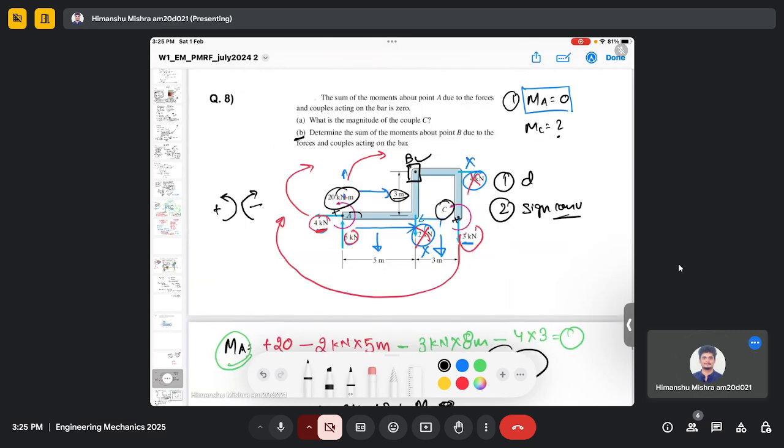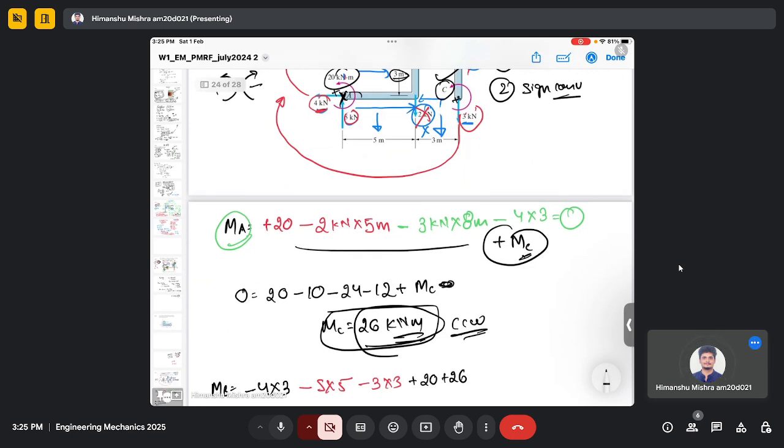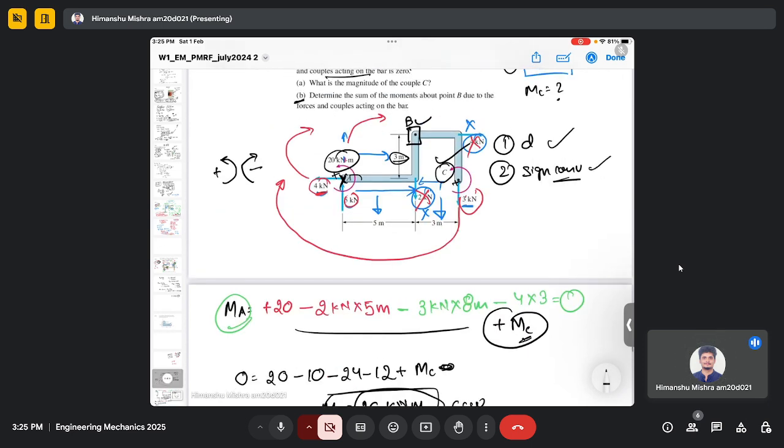So just to recap, we have been solving a question in which, in the first part, we needed to calculate the moment at point C. We considered point A because we were given the information that at point A the moment is 0. So we used the summation of moment equation to calculate the moment at point C. Of course, we fulfilled the two tasks that we need to take care of: first, to find the perpendicular distances for all the forces, and second, to ensure the sign convention.